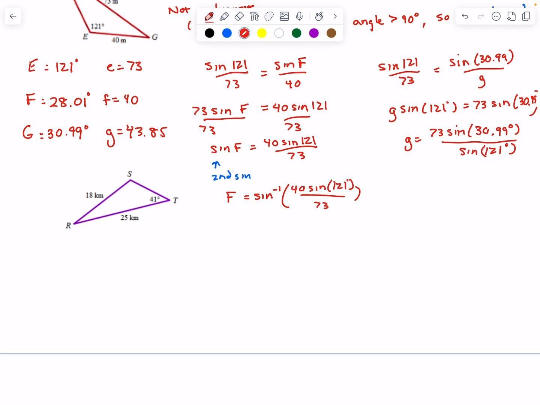Welcome to another ambiguous case, SSA. So for honors, again, the 18 is across from the 41, so we'll take 25 sine 41 and see if 18 is in between that and the 25.